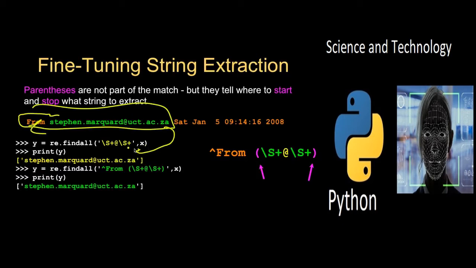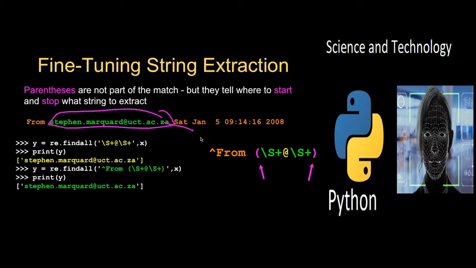But if you do it with the parentheses, you still match the from, but you only get this bit to come out. So you can add this to make the matching part more precise, without changing what you get returned, and you specify what you want to get returned with the parentheses.